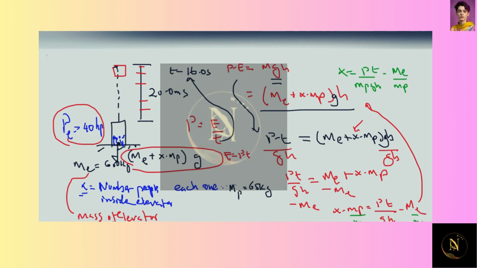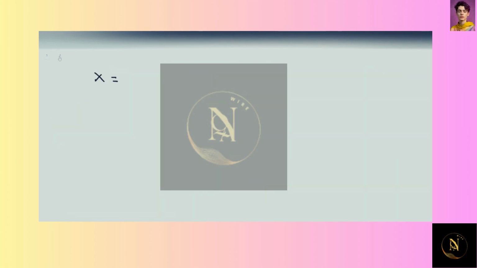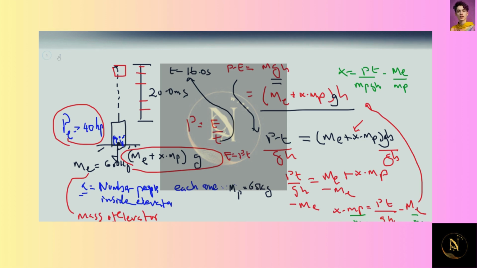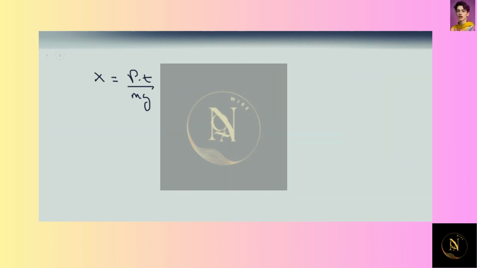So if I punch in the numbers, I can do that on the next page. We have x, which is the number of passengers, equals PT over mp g h minus the mass of the elevator over the mass of the passengers. The power is in horsepower, so we have to change that to a different set of units.